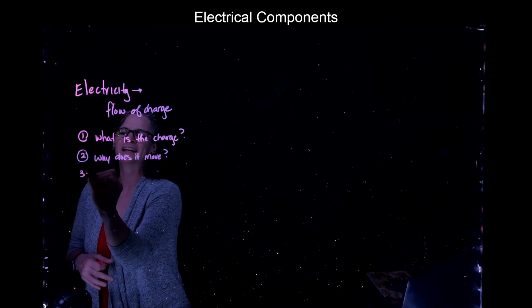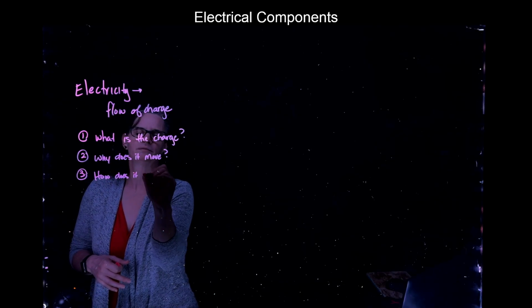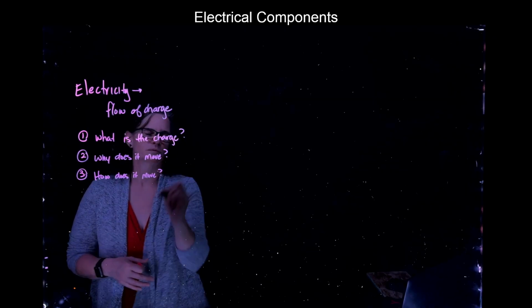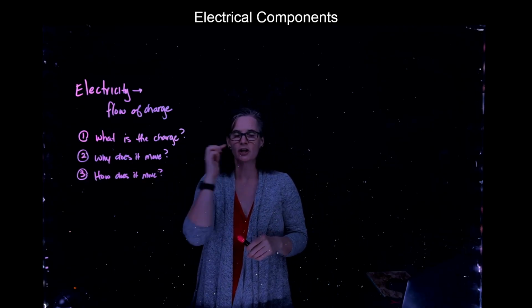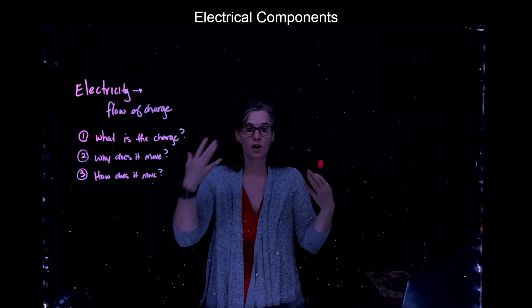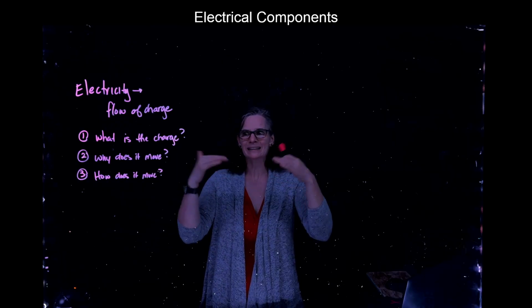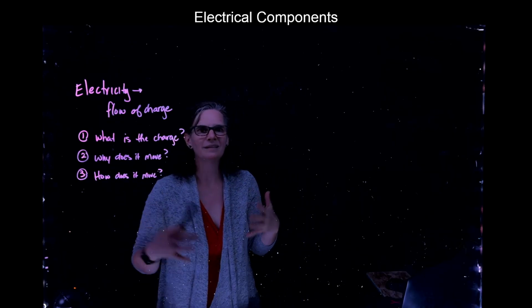And then three, how does it move? What's required? So that idea is: charge has to exist, it has to be motivated to move, something has to be causing it to move, and then it has to be allowed to move. So what, why, and what allows it to move.